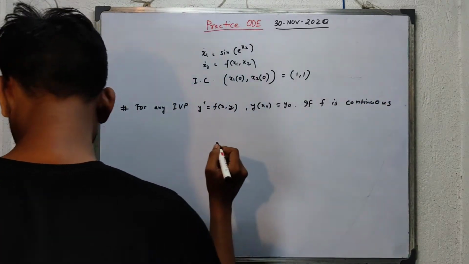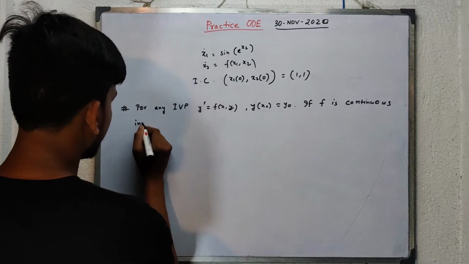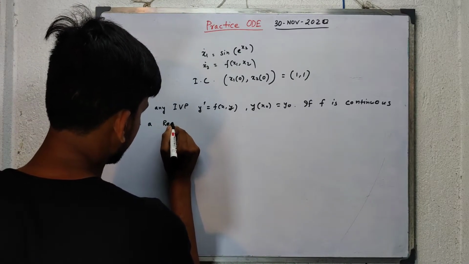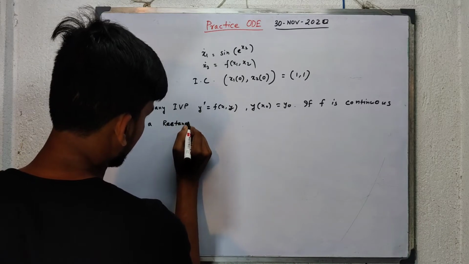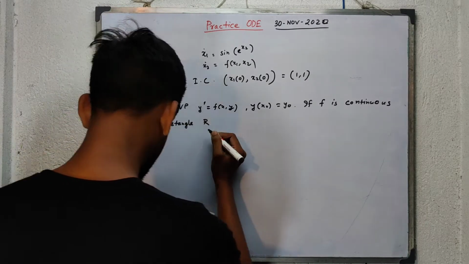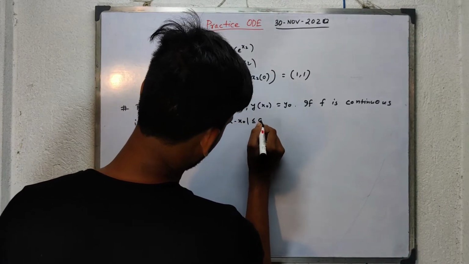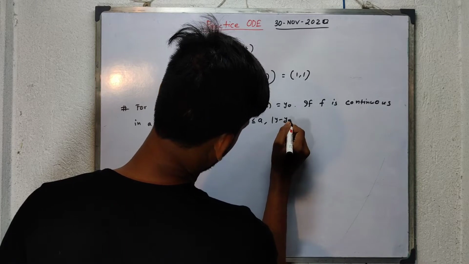If f is continuous in a rectangle, suppose R is a rectangle such that mod of x minus x0 less than or equal to a, mod of y minus y0 less than or equal to b.